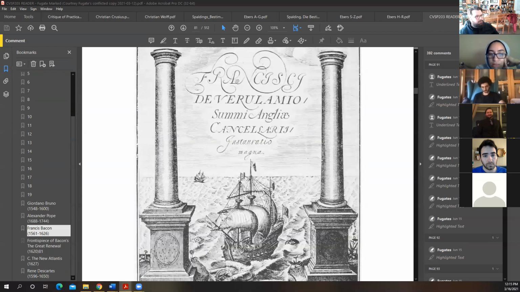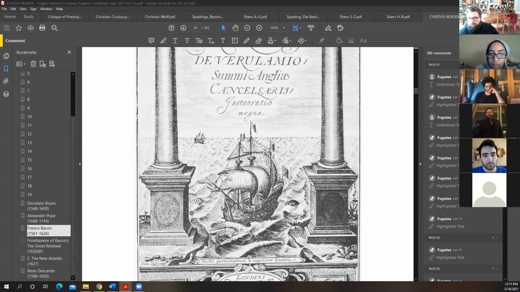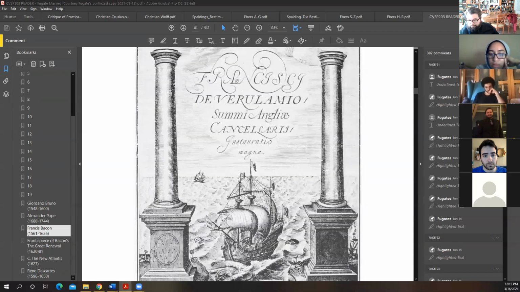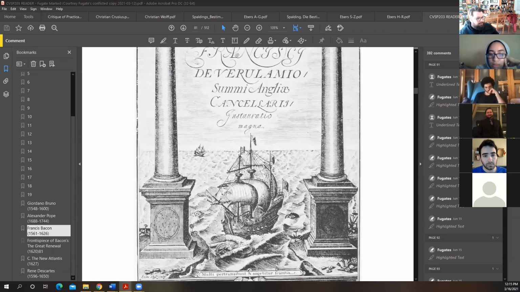Risk taking. So these pillars were supposed to mark kind of the edge of the known world. And for the ancients, that meant you don't go past them. Well, obviously there's a ship out here and there's another ship following it. That is what Columbus did, right? He just sailed, crazy as he was.